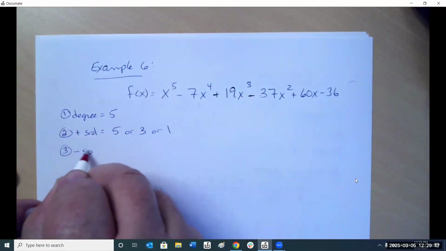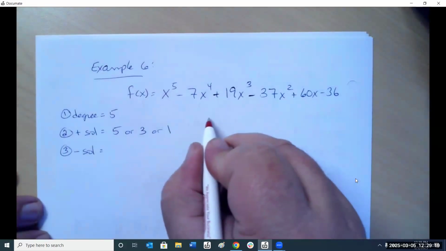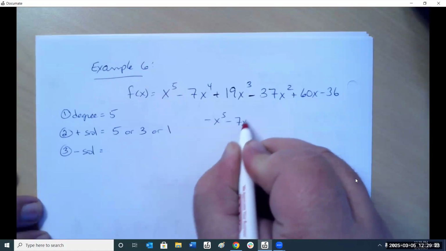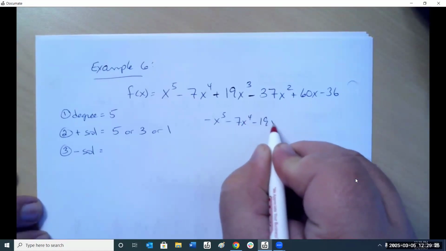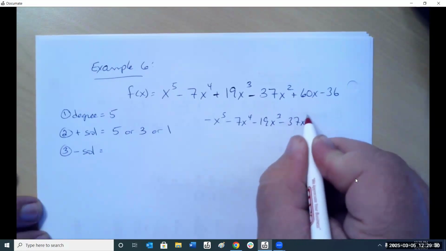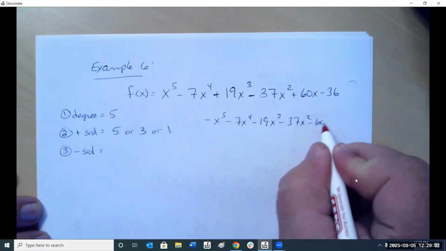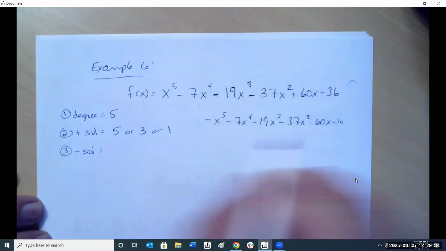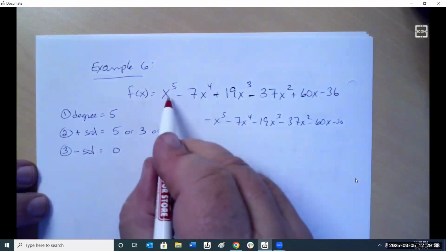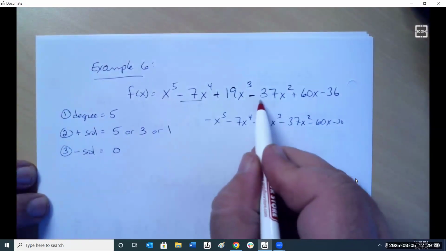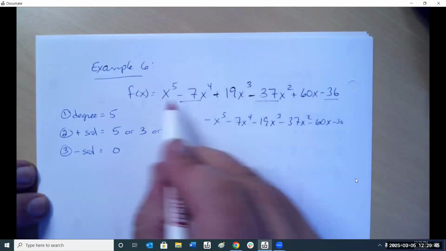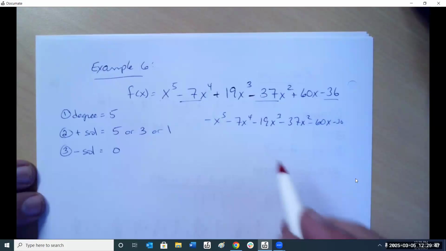How many negative solutions? So we have negative x to the 5th, negative 7x to the 4th, negative 19x cubed, negative 37x squared, negative 60x, negative 36. So zero. Because remember, all the even ones are already negatives. So change all the signs of the odd exponents, they're all negatives.